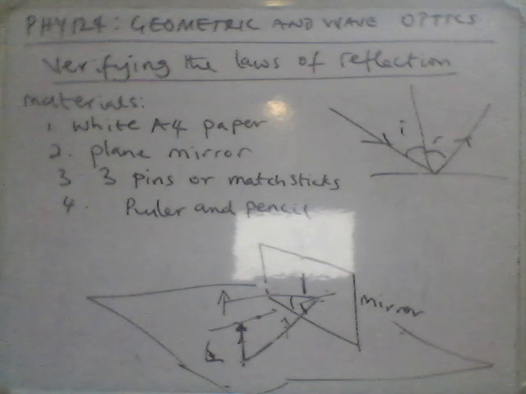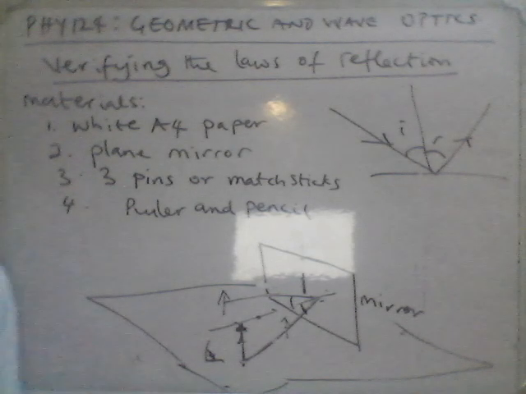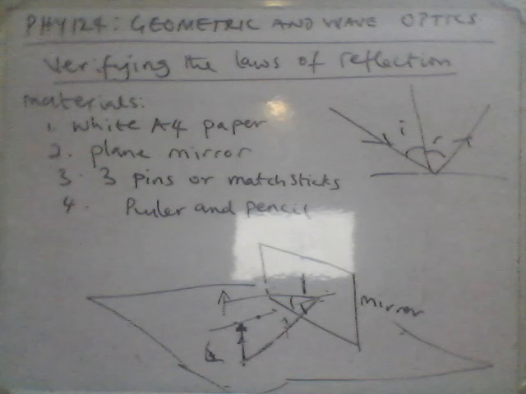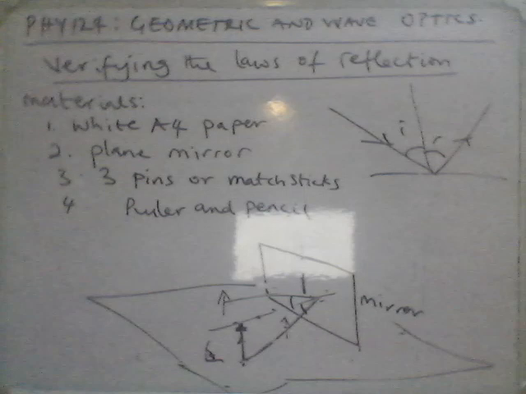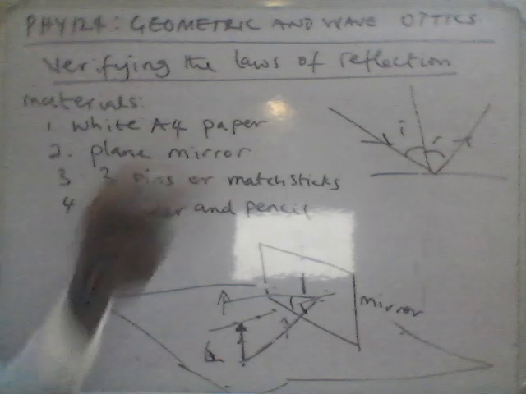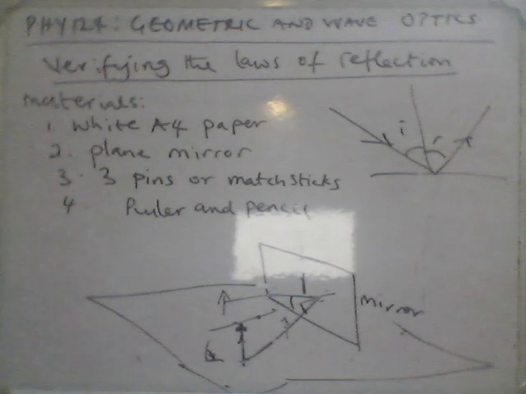Number two says the angle of incidence equals the angle of reflection. Plane mirrors form virtual images, upright images, laterally inverted images, and images of the same size and at equal distance from the mirror. So the image distance behind the mirror is the same as the object distance from the mirror. Very, very important.